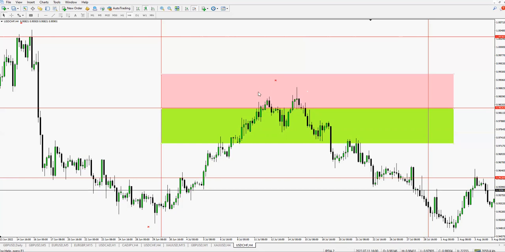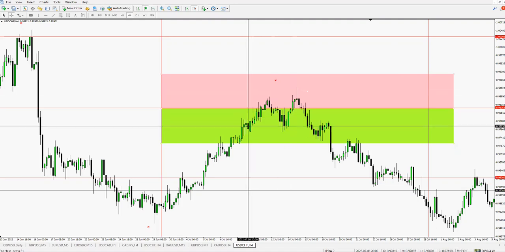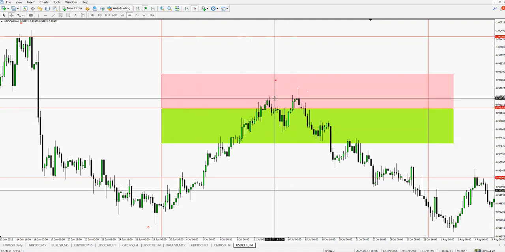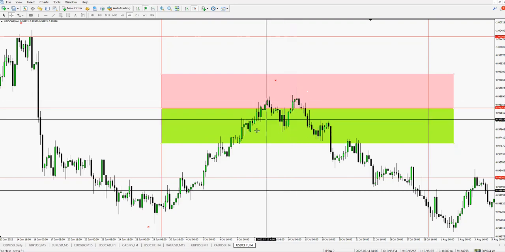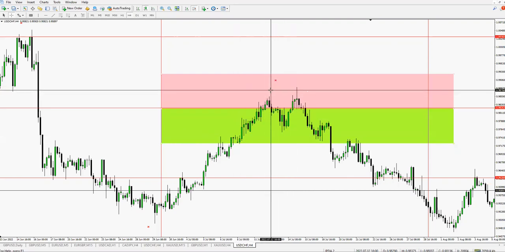Okay, and then obviously we are not incorporating any other items of your PDA onto this, because this is just a 4-hour chart. But that probably would be the next question: what am I keying off of here? If these are your data ranges, this is your premium and your discount, you will incorporate higher time frame PDAs onto this. Okay, so all very well, this is discount, this is premium.